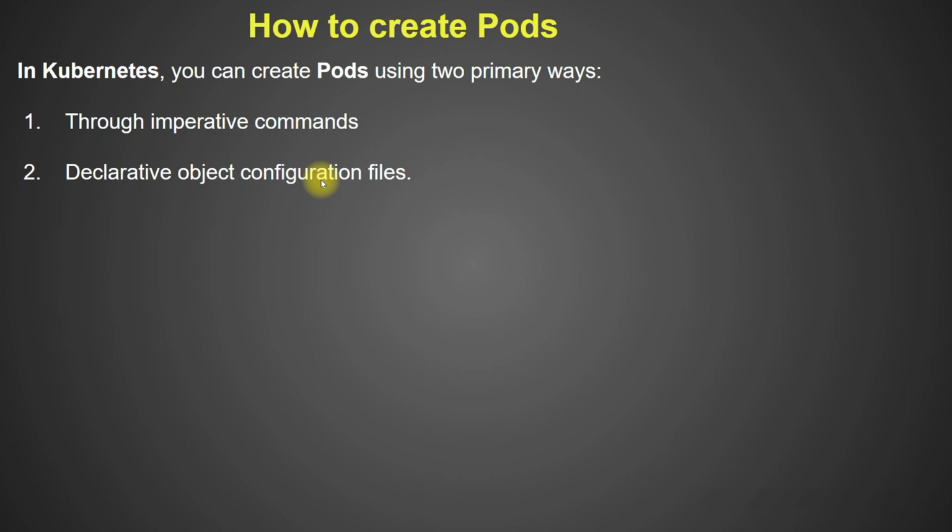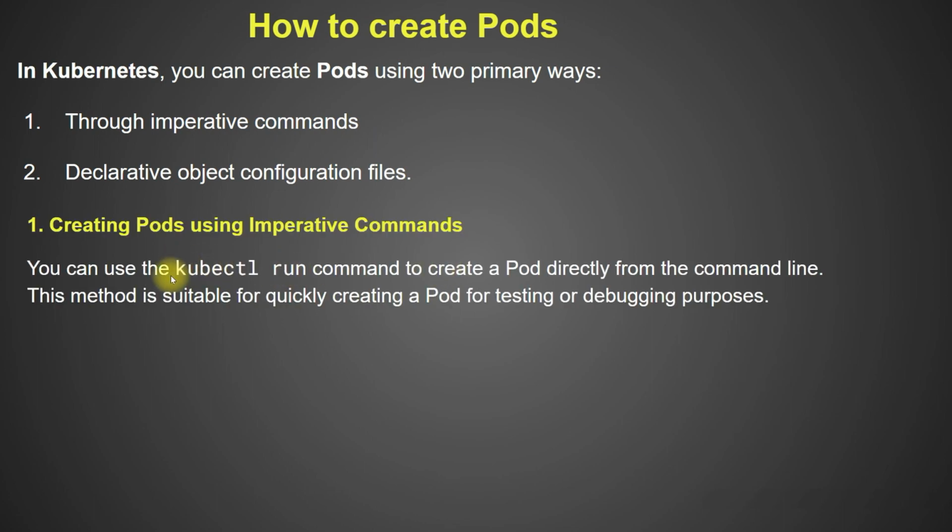Okay, but we're going to start with imperative commands, and I'm going to show you how to run an image using imperative commands. In this image, we're going to run what we call nginx. I'm going to show you how to run that image.